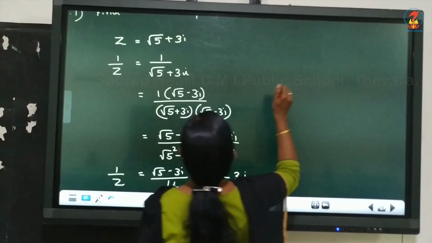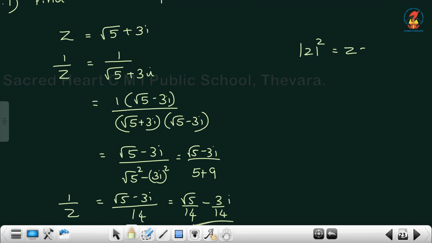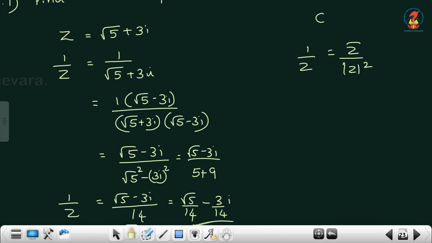Or we have that result, mod z square is equal to z into z bar, so 1 by z is equal to z bar by mod z square. This is the second method. In one method we write the inverse, then multiply by the conjugate, and we get the answer.